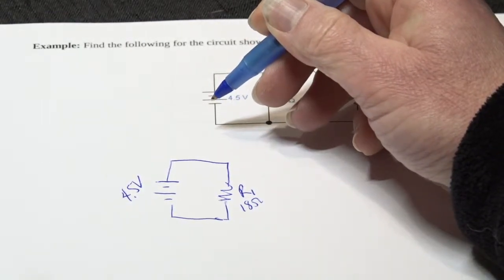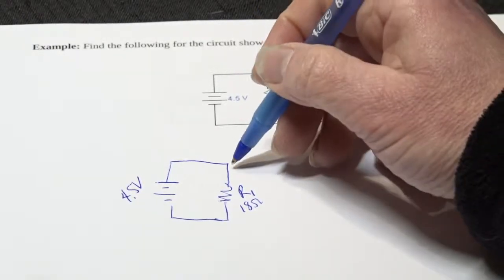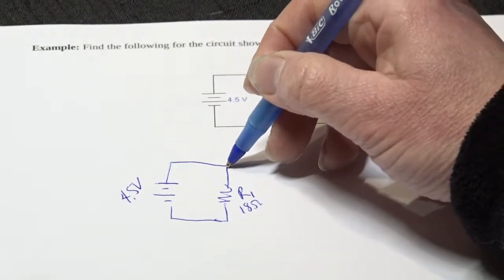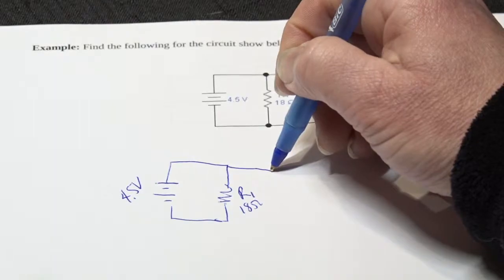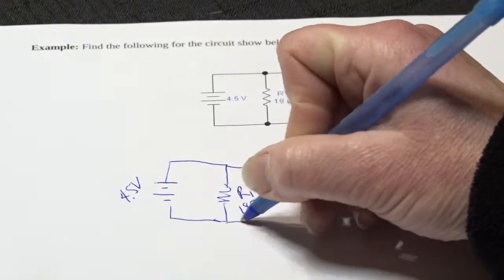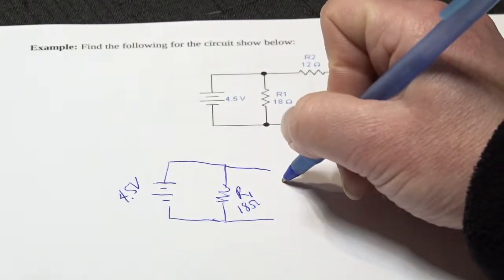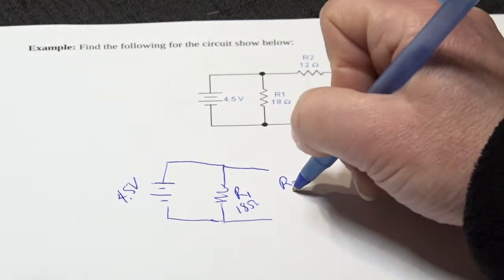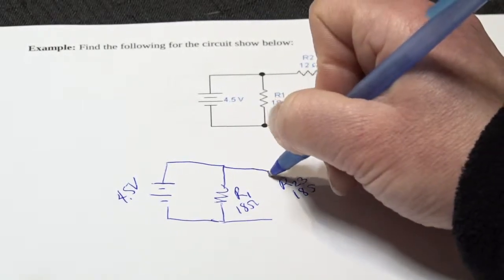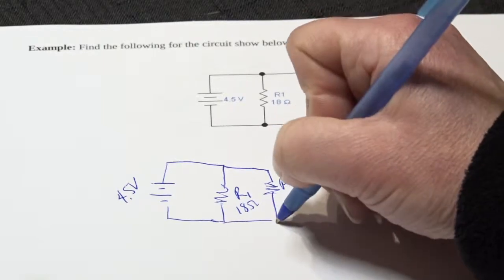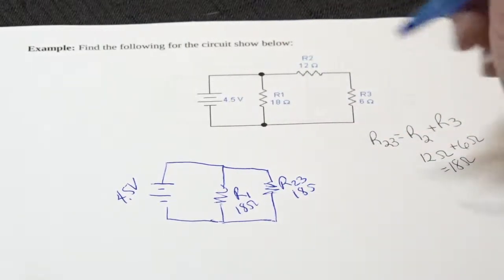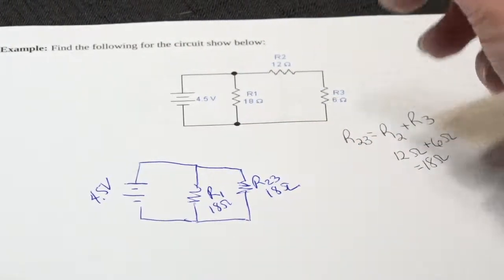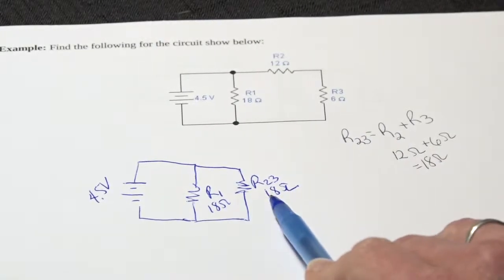And we have R2 3, which is 18 ohms. And these are in parallel with each other.